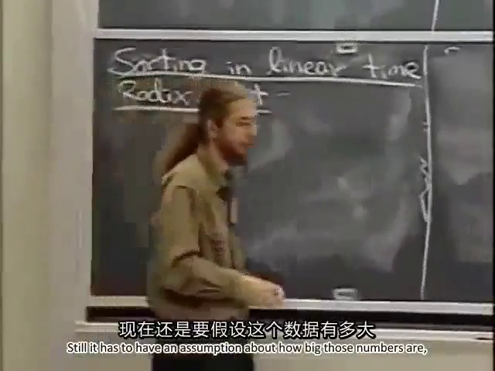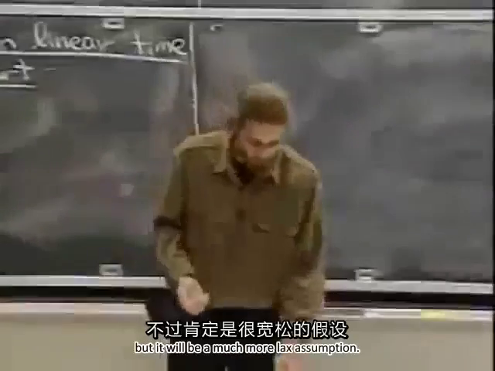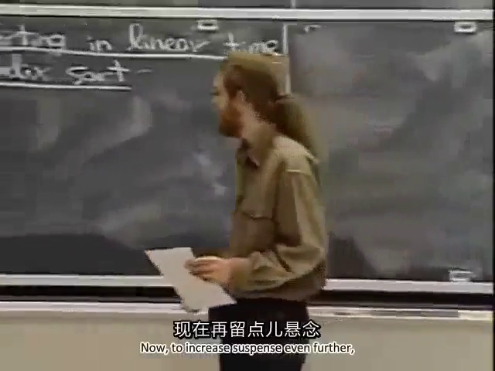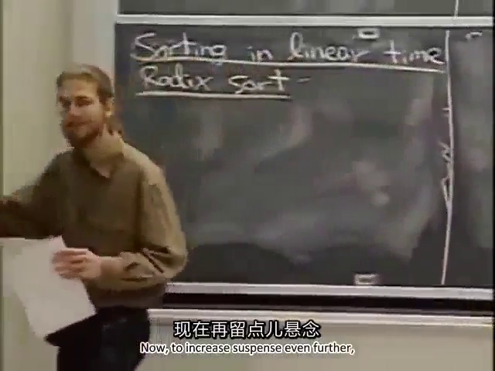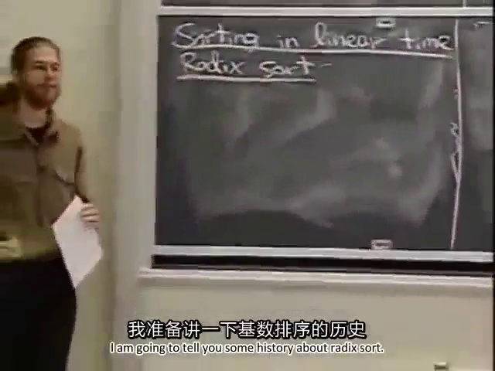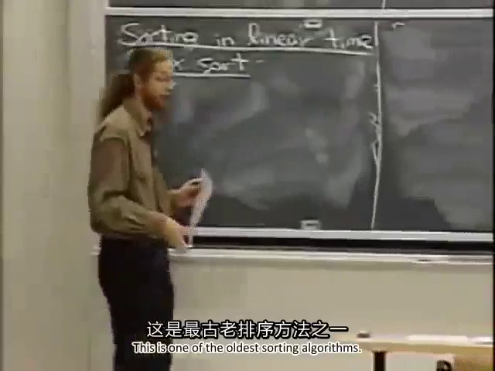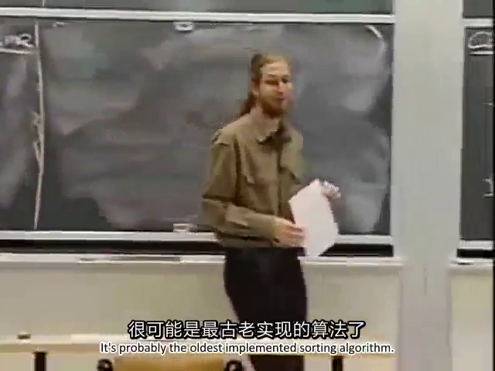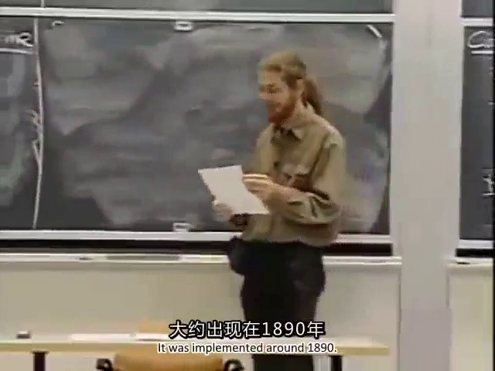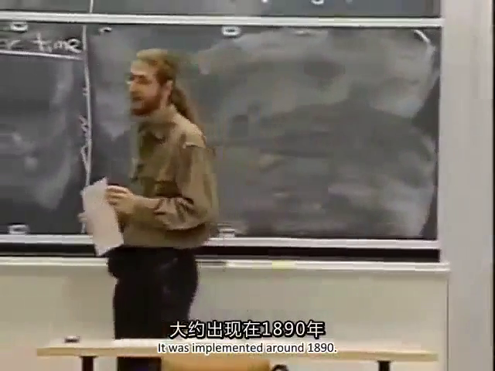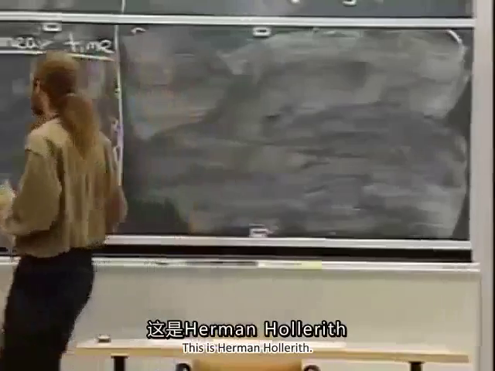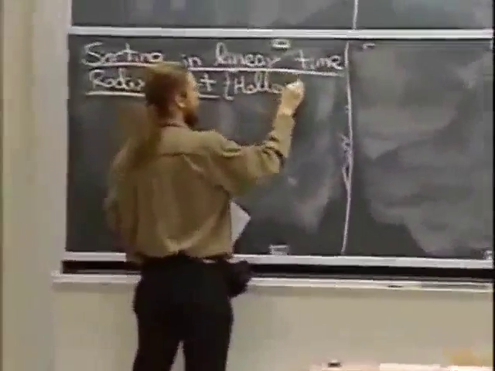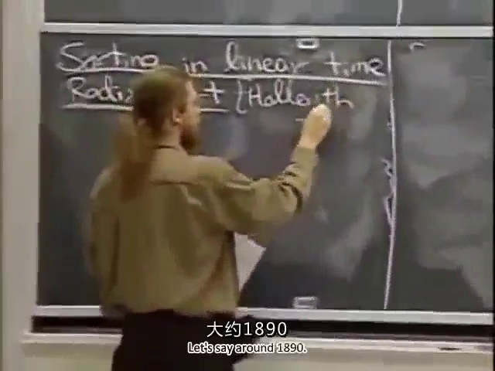Still, it has to have an assumption about how big those numbers are, but it will be a much more lax assumption. Now, to increase suspense even further, I'm going to tell you some history about radix sort. This is one of the oldest sorting algorithms. It's probably the oldest implemented sorting algorithm. It was implemented around 1890. So this is Herman Hollerith, let's say around 1890.